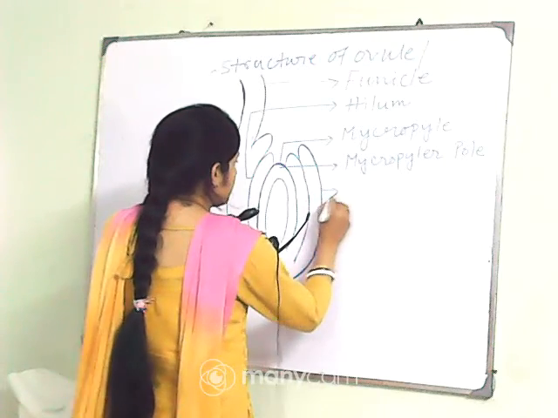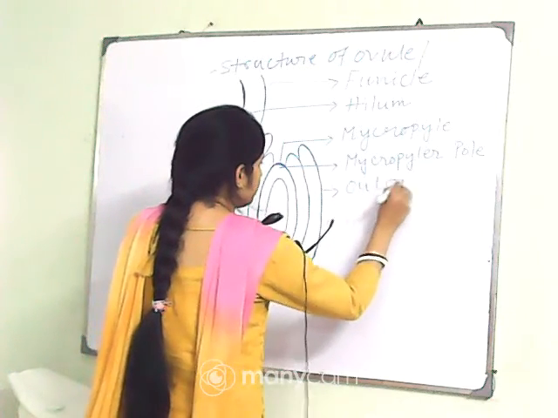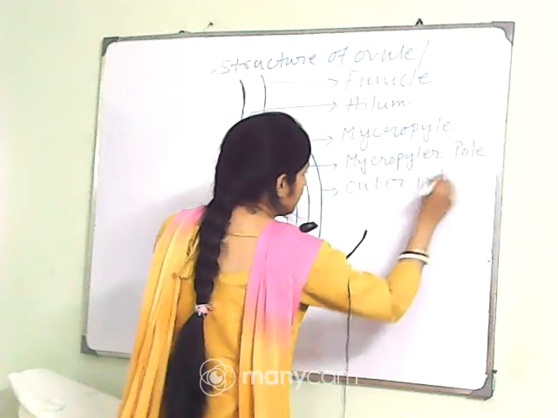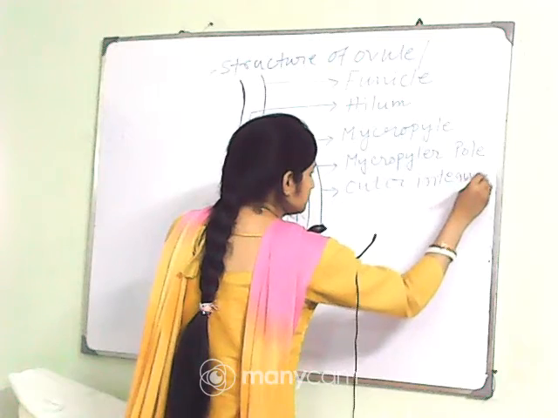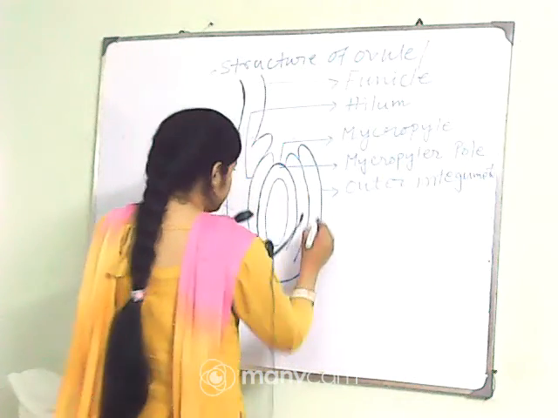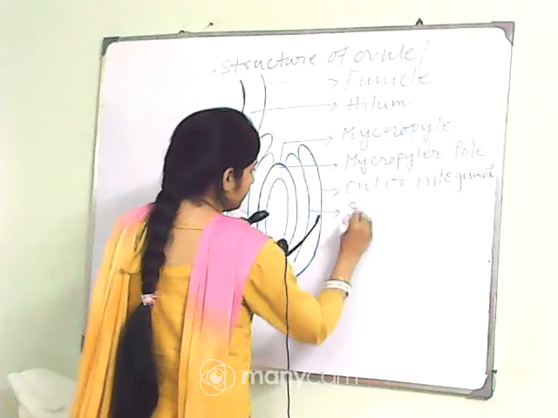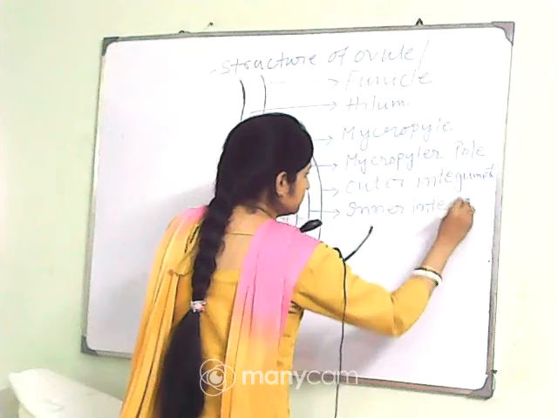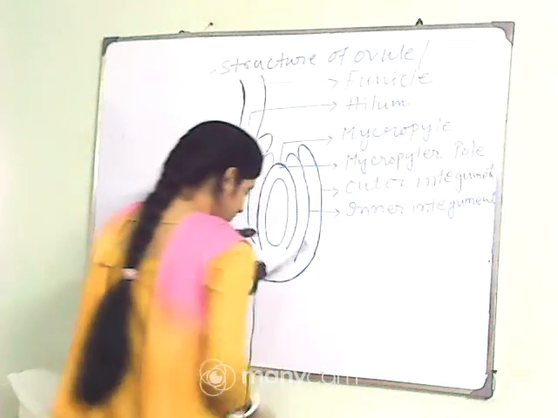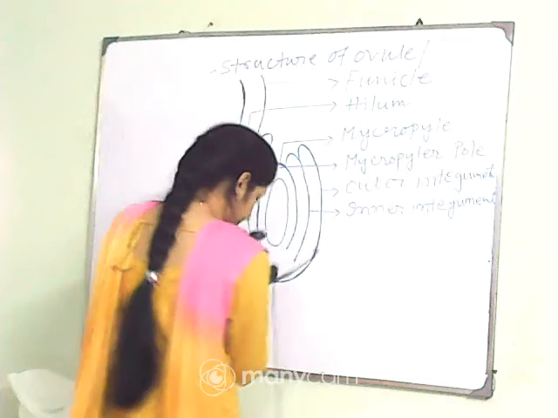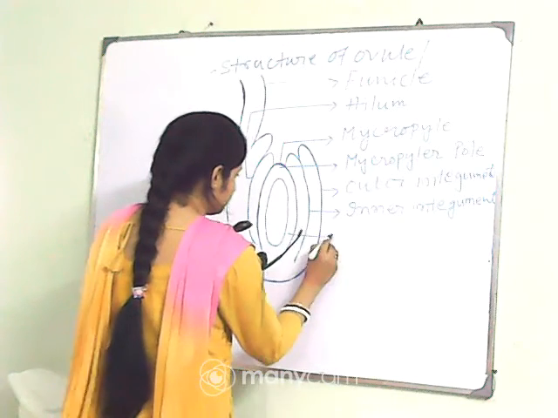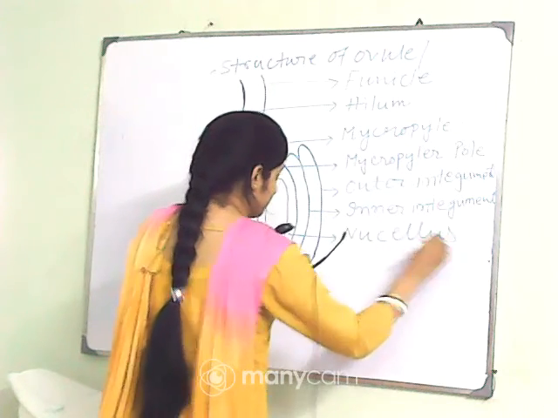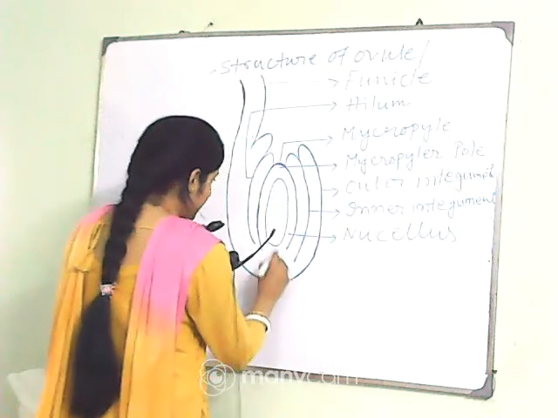This outer structure is known as the outer integument, that is the epidermis, you can say the covering integument. This part is known as the inner integument. This is the nucellus.